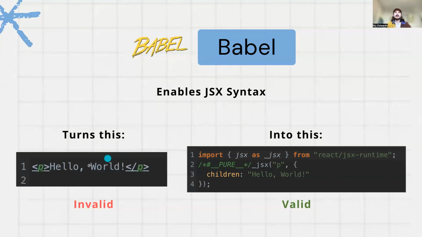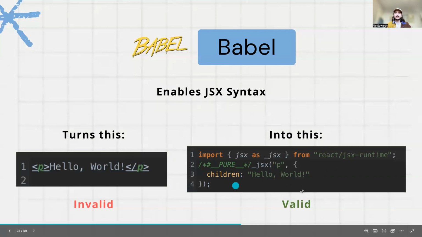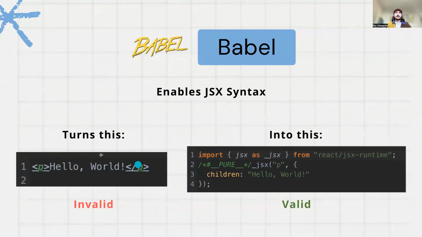And so Babel turns this JSX into this, which looks really confusing. You don't even have to look at it. Just know that this is valid JavaScript, and that for convenience, we can write this. Behind the scenes, Babel is translating it all into valid JavaScript.